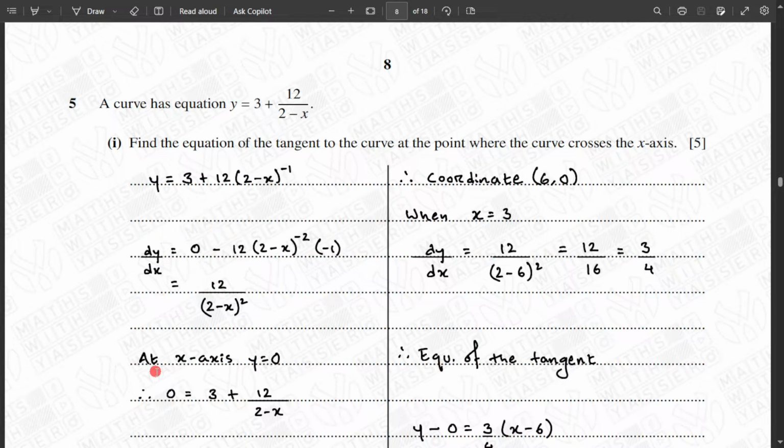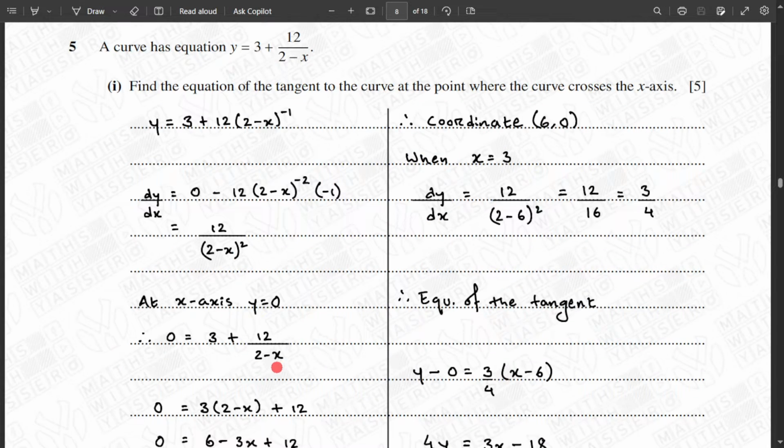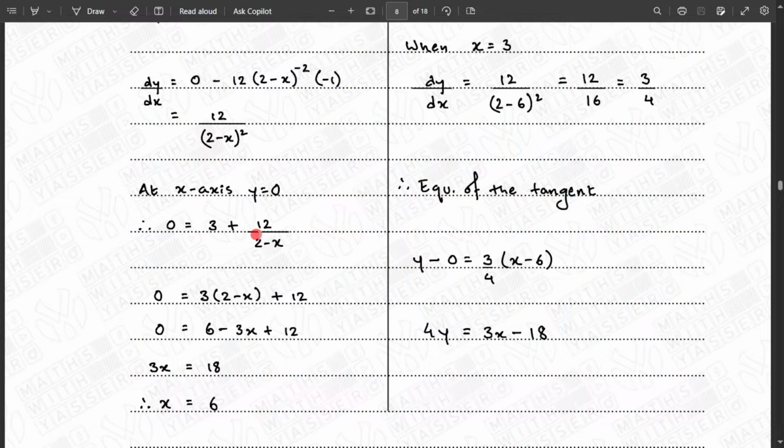So since we need the equation of the tangent to the curve at the point where the curve crosses the x-axis, we can say that at the x-axis y is equal to 0. So substituting y equals to 0 in the equation of the curve, we get 0 is equal to 3 plus 12 over 2 minus x.